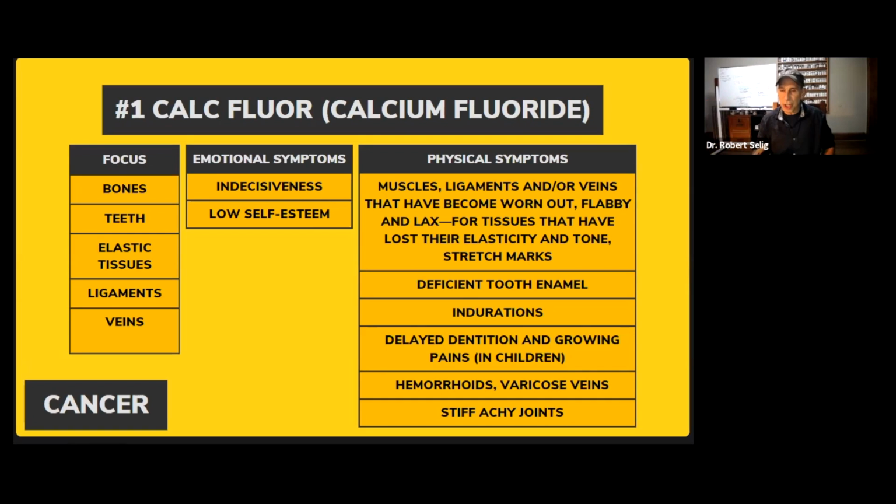Those elastic tissues, when we think of these connective tissues, it may be tendons, ligaments, fibers, veins, discs, joints, all that type of stuff. So the calcium fluoride, when we want to prescribe this remedy, now we're not just looking at the hair analysis, seeing low calcium or high calcium, we're putting that together, what is going on with the patient.